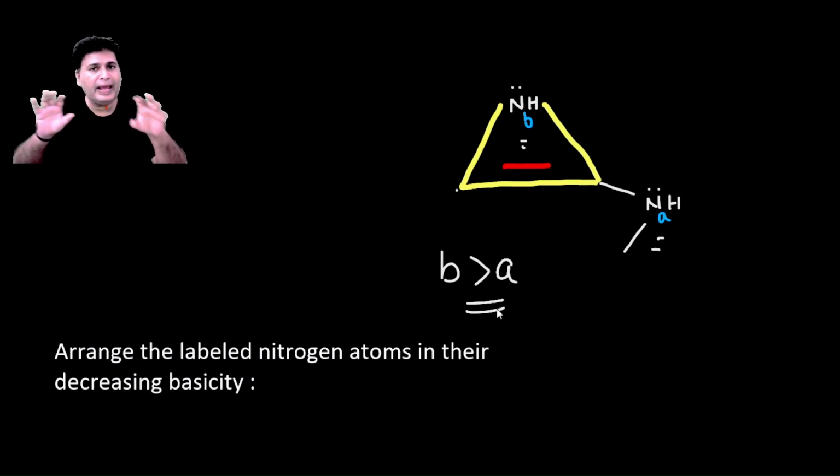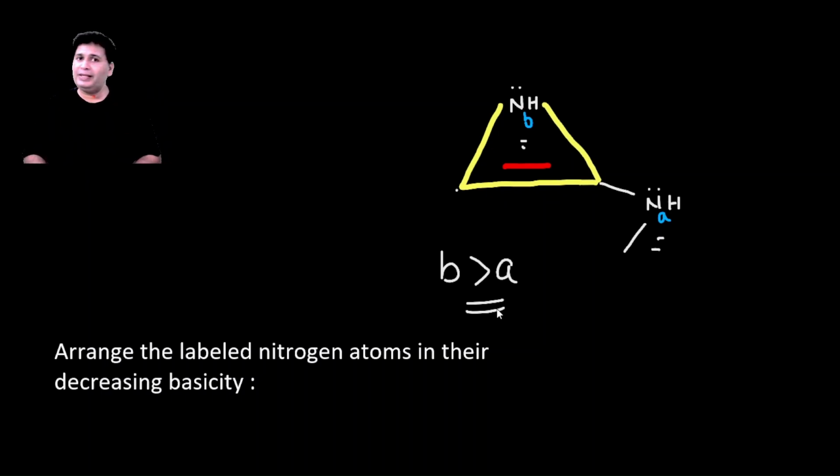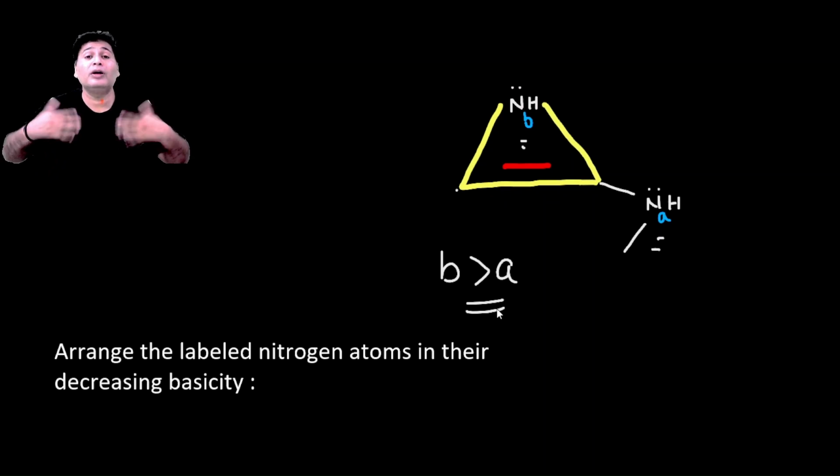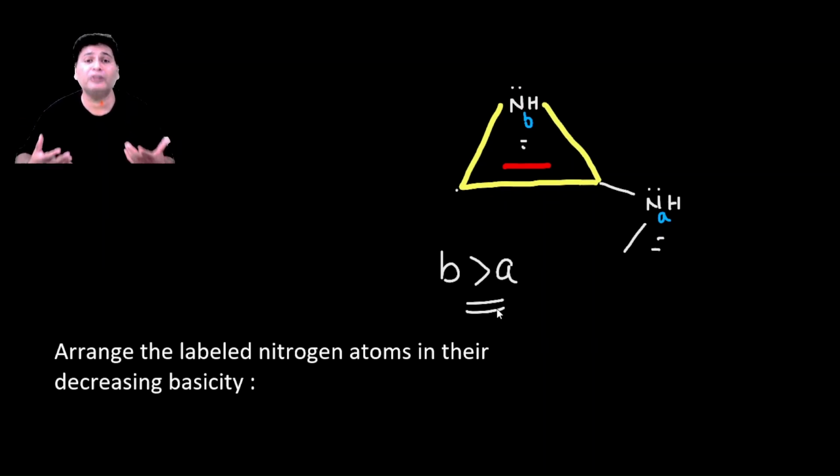In both A and B the delocalization was present, but in B the delocalization was reluctant. It was not happening for something good. So it's better to give it away with eagerness, so that if it is given away, the anti-aromaticity is lost. And that is why we are saying B is more eager, more basic in comparison to A.